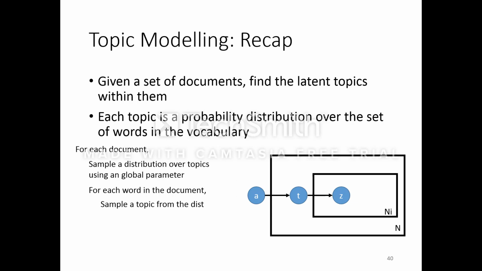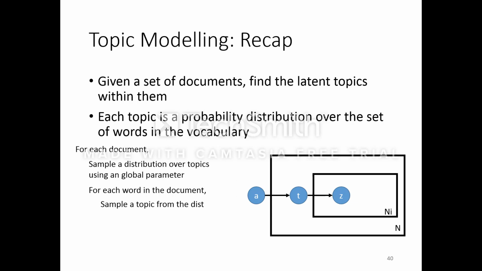And for every word in the document, you sample a topic from the distribution. So you sampled a topic distribution which is highly skewed in favor of maybe T13, T50, and T87, and for generating each word, you sample a topic from that distribution.